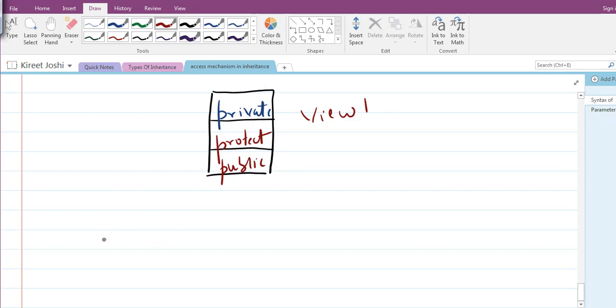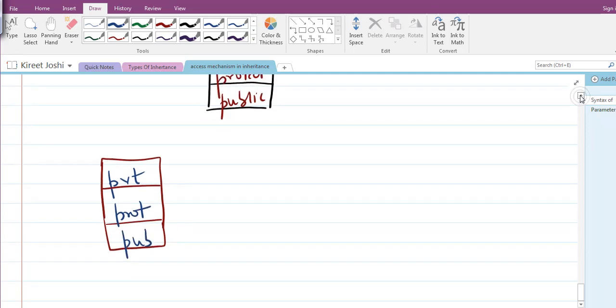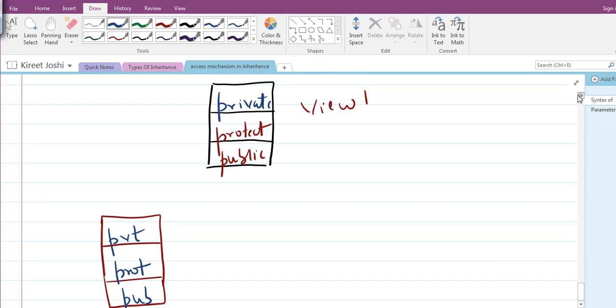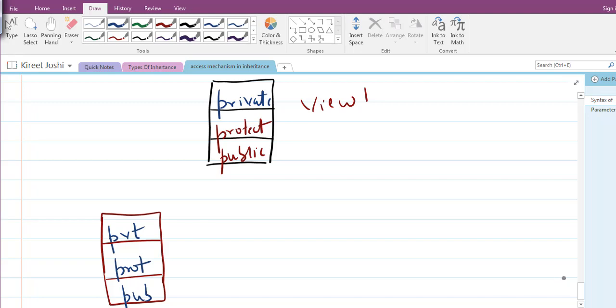But if we have a second class, and again this second class can be categorized as private, protected, and public, then the view is changed. Now this particular class has two views.